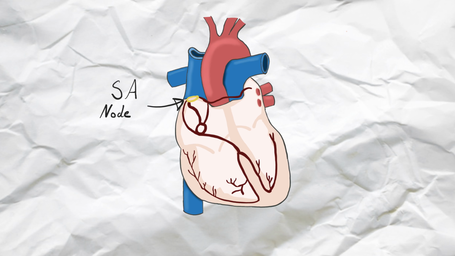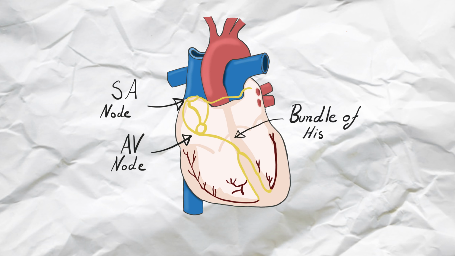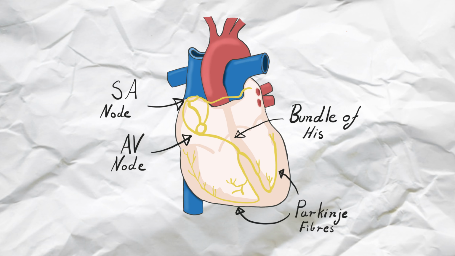The wave of the depolarization spreads down through the atrium to a second group known as the atrioventricular node. Now, after a short pause here, it progresses through and down the septum, down the bundle of His, before spreading back up the ventricles of the heart along the Purkinje fibers.